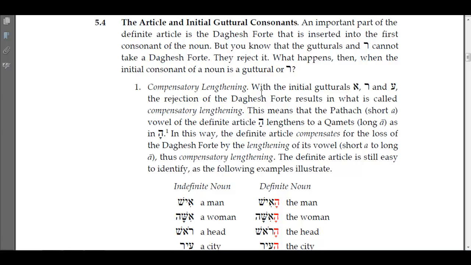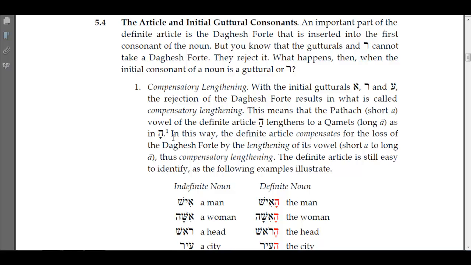So what happens? We have one rule. It's called compensatory lengthening, with the initial gutturals of aleph, resh, and ayin. The rejection of the dagesh forte results in what is called a compensatory lengthening. What this means is that the patak, which is a short A vowel, actually lengthens to a qamets, which is a long A, as in the hey and the qamets.